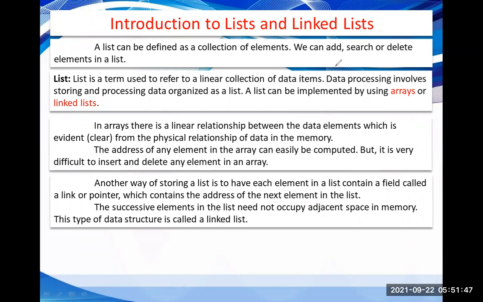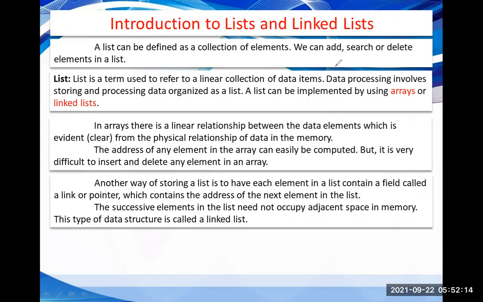The successive elements in the list need not occupy adjacent memory spaces. In an array, all the elements are stored in contiguous memory locations. They occupy adjacent memory spaces. But all the elements in a linked list need not occupy adjacent memory spaces.